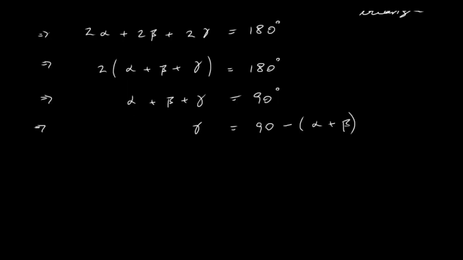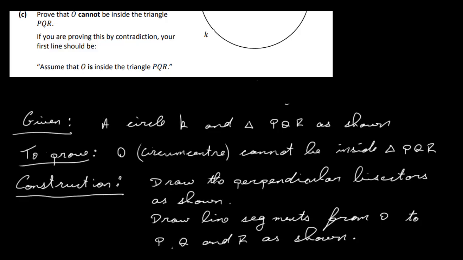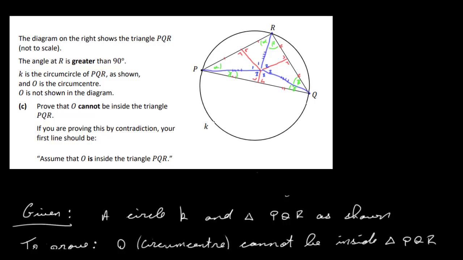But let's look at what we've ended up with down here. We have an angle, gamma, equal to 90 degrees minus (alpha plus beta). But if we look at what we were given in the question, alpha plus beta is greater than 90 degrees. If you look up here, alpha plus beta, these two here, we're told in the question somewhere, alpha plus beta must be greater than 90 degrees. The angle R is greater than 90 degrees.